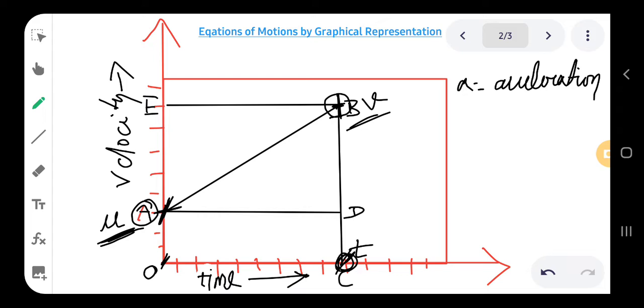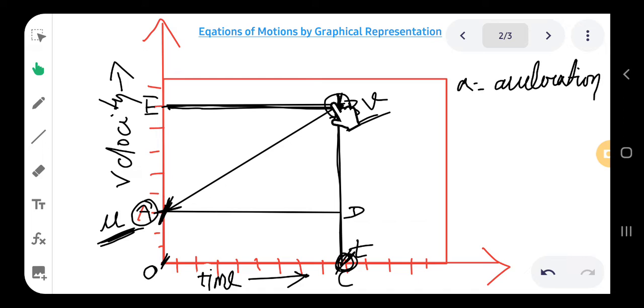Now in figure 8.8, like in this figure, the perpendicular lines BC and BE are drawn from point B. These are drawn perpendicular from point B on the time and velocity axes.